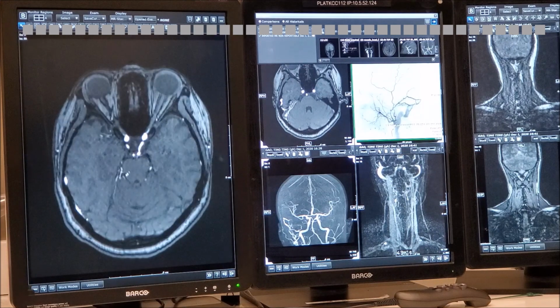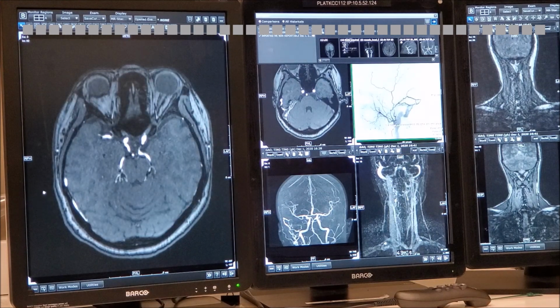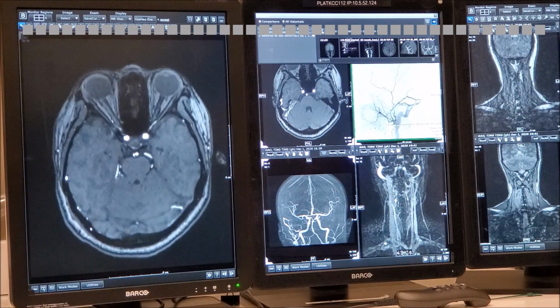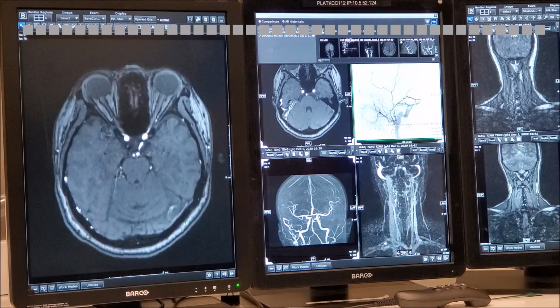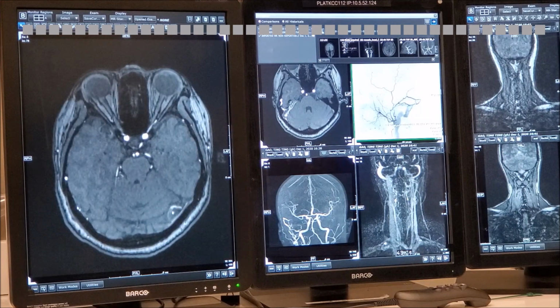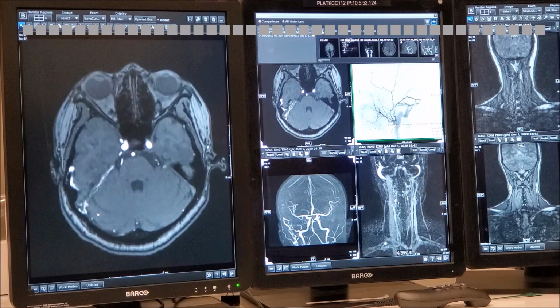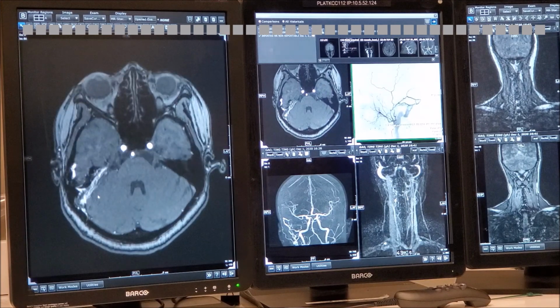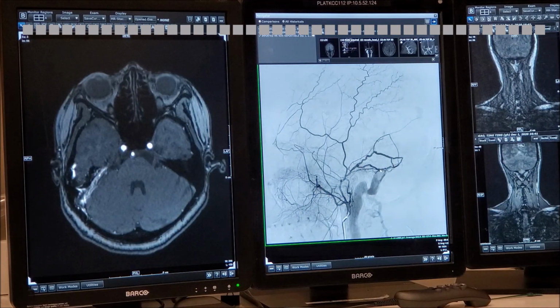You already see prominence of the meningeal. So we've done part of it, but we need to cover all around this sinus.